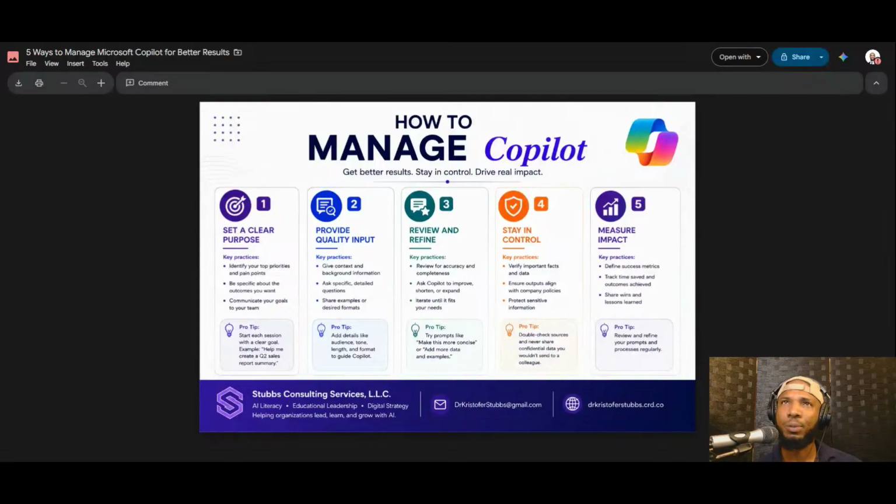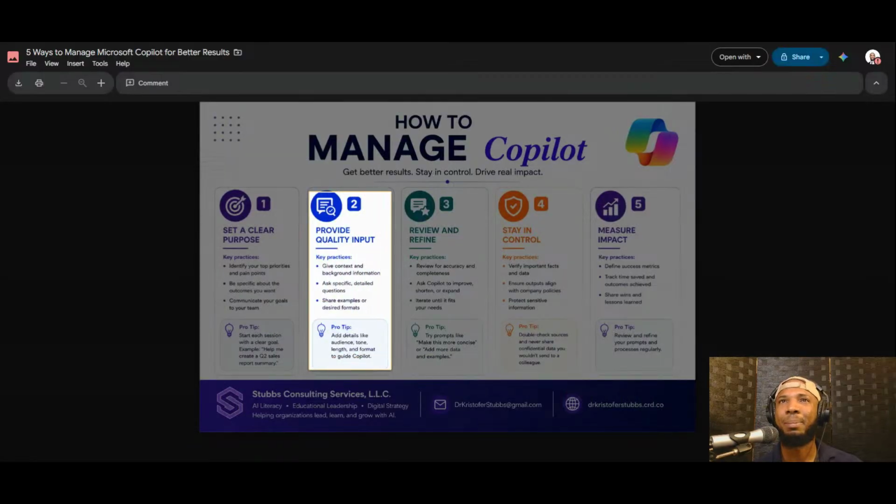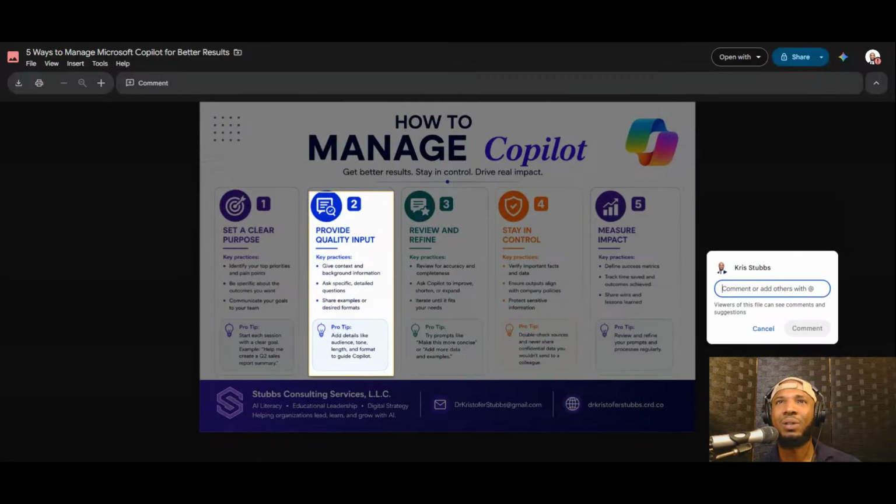And number two, providing quality input. Providing quality input is really about the details, the tone. For those of you who haven't seen some of my prior videos, I talk about the 5 R's, which is my framework for creating good prompts as opposed to bad prompts, because tone, length, and format are all important and specific.